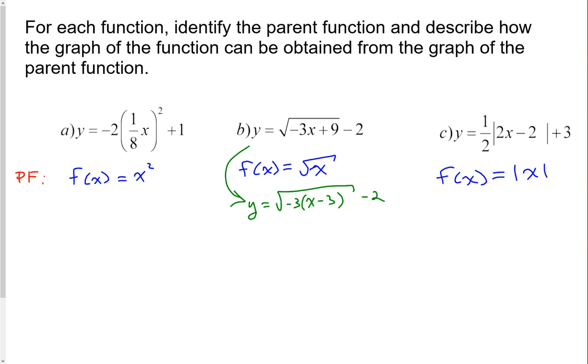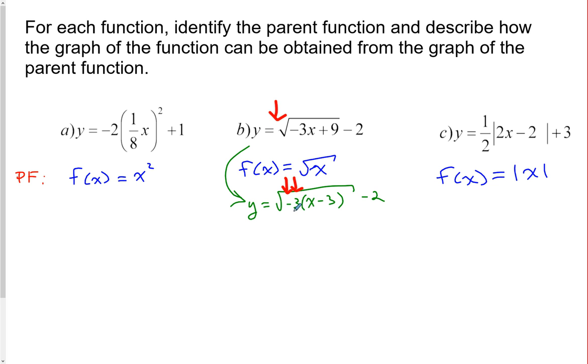I've got nothing out front, so I'm not reflecting in the x-axis or multiplying my y values by anything. I've got this negative right in here. That means I'm going to reflect in the y-axis. And why that happens is I change the sign essentially of all of my x values.